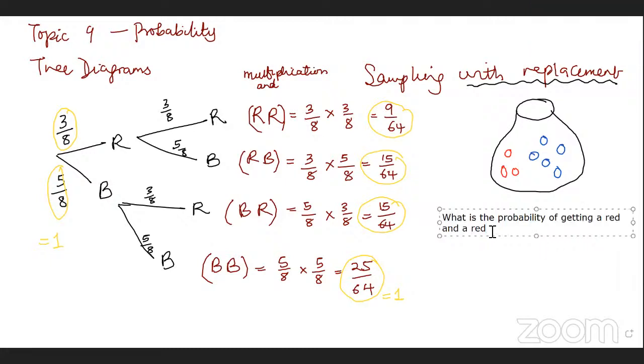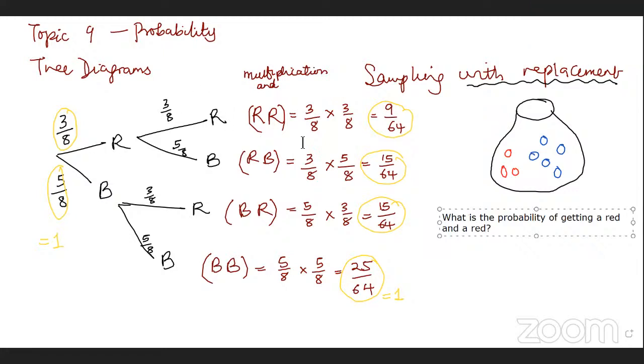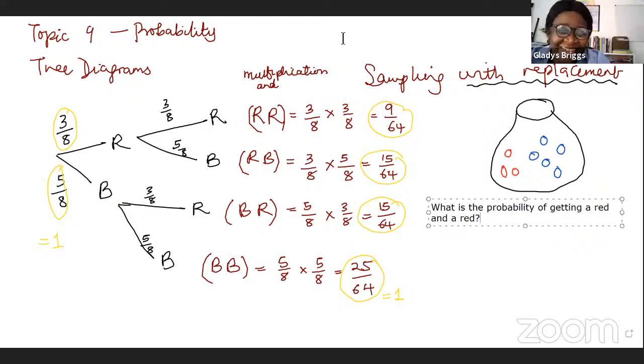Have a look at your tree. 9/64. Excellent, Adam. Well done. Okay, so we've just done that. A red and a red is 9/64.